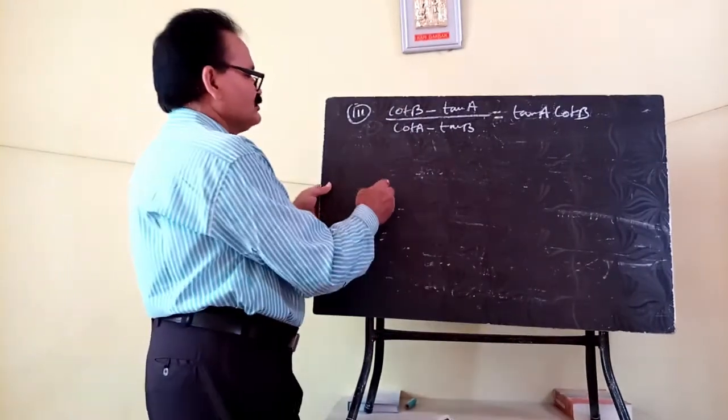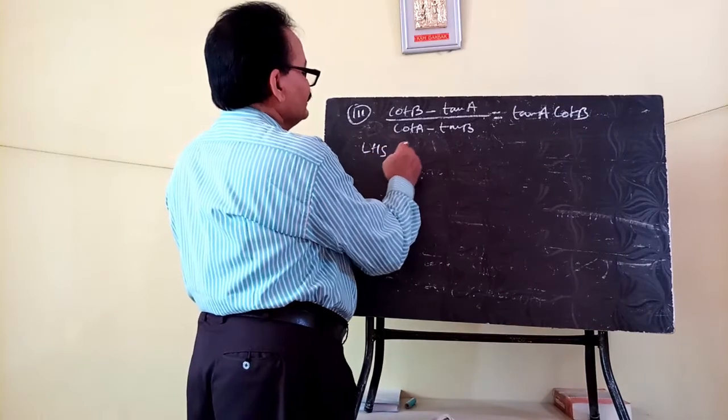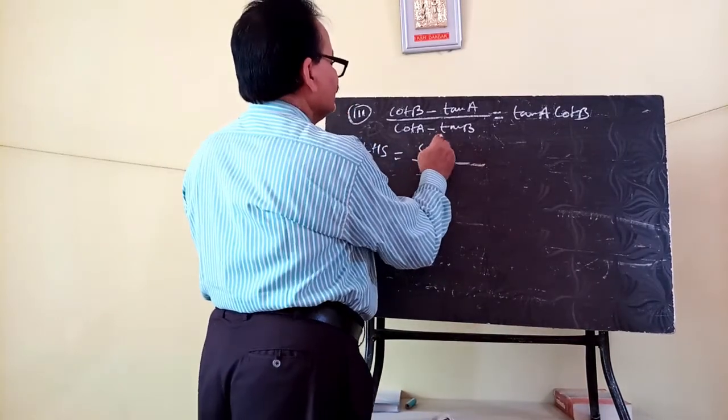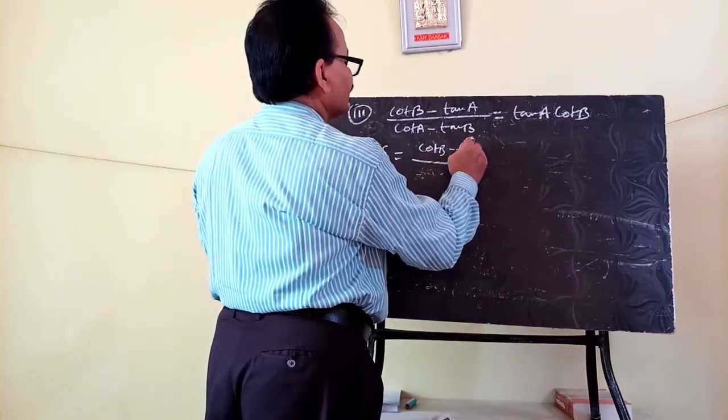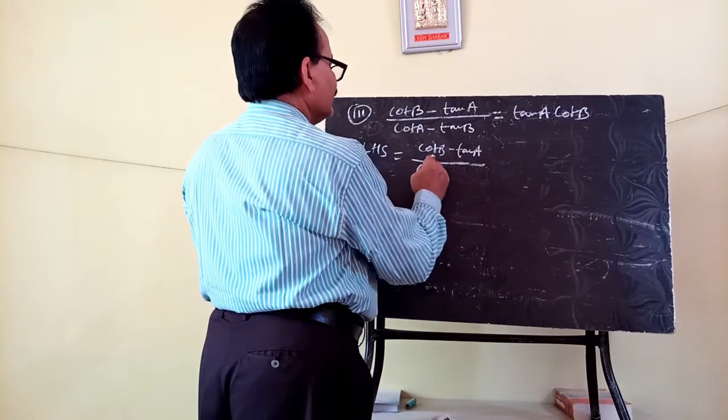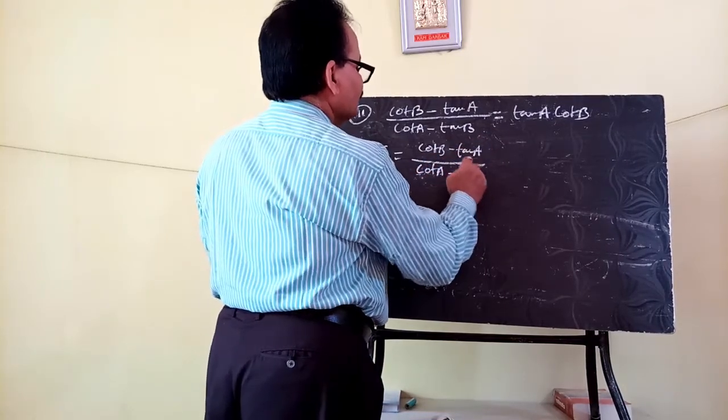So you write the LHS: in this case, this is cot B minus tan A over cot A minus tan B.